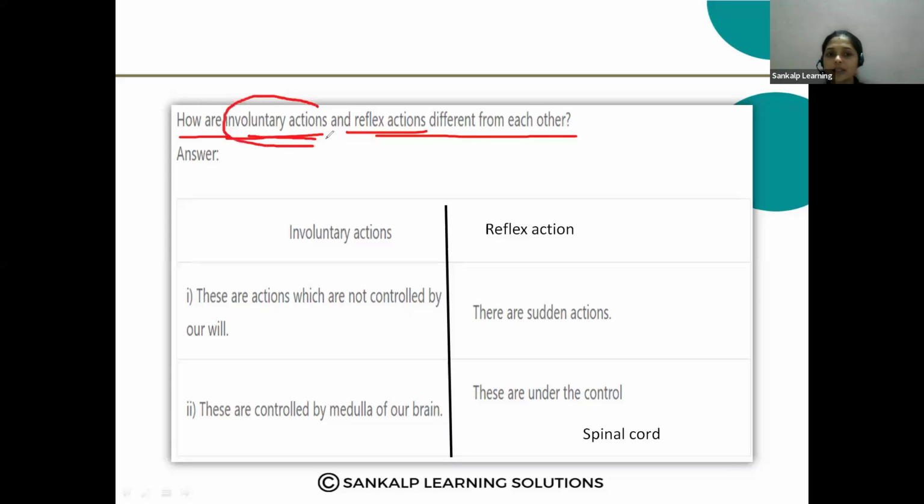Involuntary actions means they are not under our control. For example, heartbeat. Is it in our control? Yes, ma'am, heartbeat is in our control. I can control the heartbeat. Is that right?